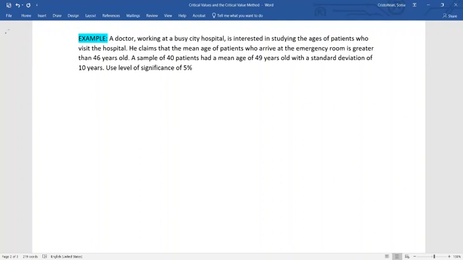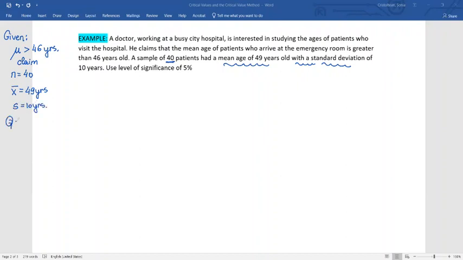So let's write down the given information and see what type of test we will be doing. He claims that the mean age, so this is a test for the mean, is greater than 46. And then, let me just write down, this is the claim. And then he takes a sample of 40 patients, that will be the sample size, and he finds the mean age of those, that will be an X bar, which is 49 years old, and the standard deviation, it says with a standard deviation, so this is the information from the sample, so that will be an S, which is 10 years.